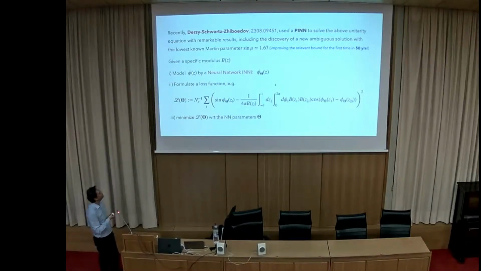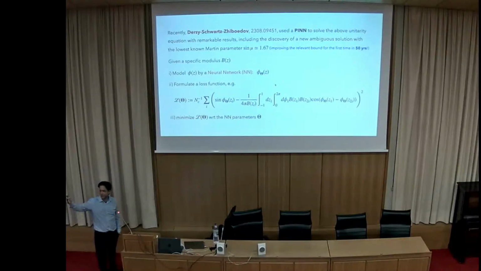So how did they do this? Again, the idea is very simple. You're looking for a function, so model it by a neural network characterized by some parameters theta, and then formulate a loss function, which is basically your error. You compute, say, the left-hand side minus the right-hand side of this equation.